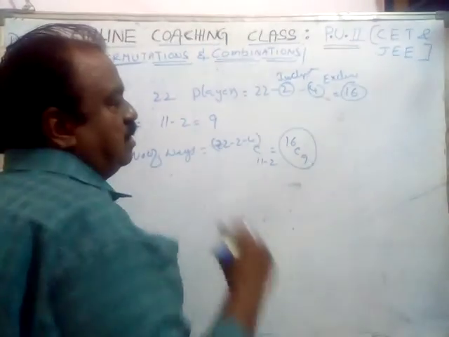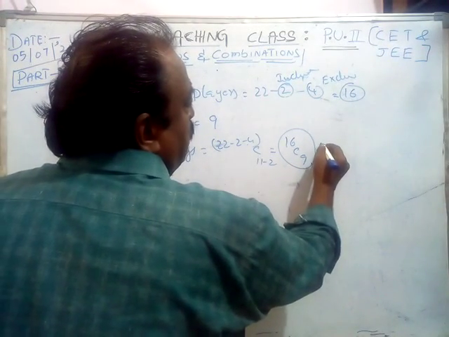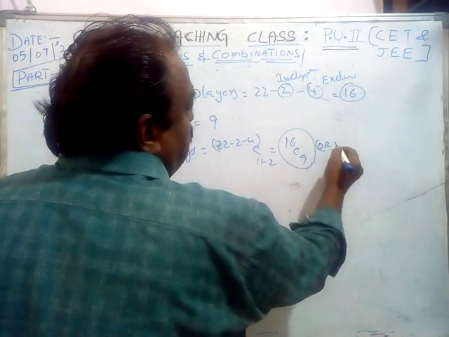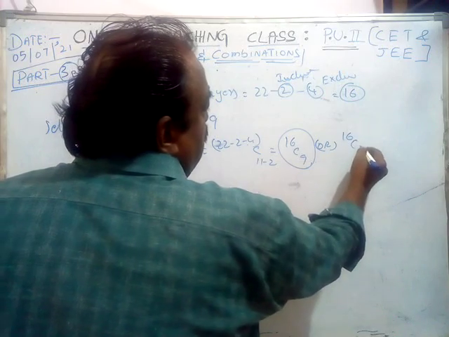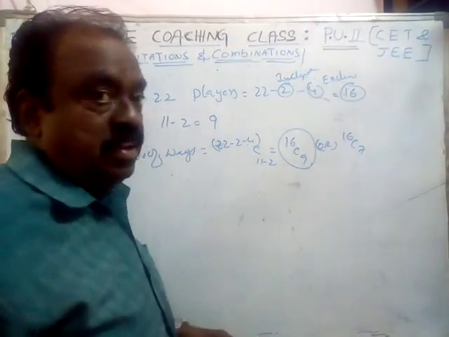In the options given, sometimes this can also be written as 16C7. That option may be there.